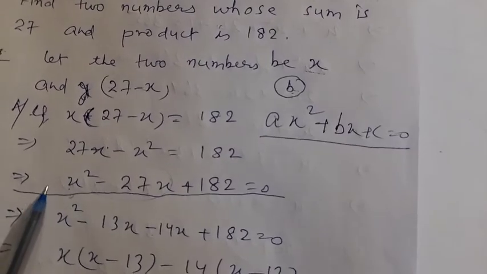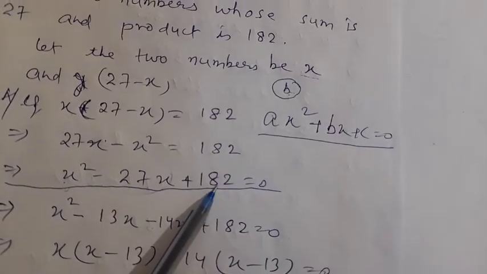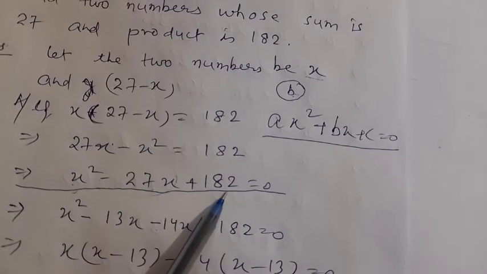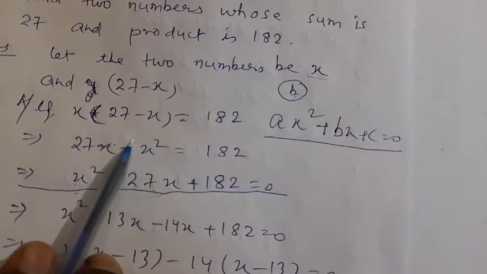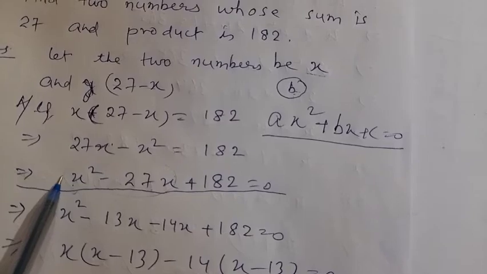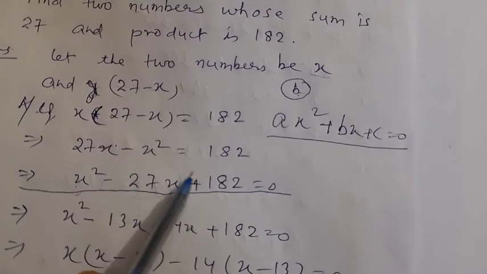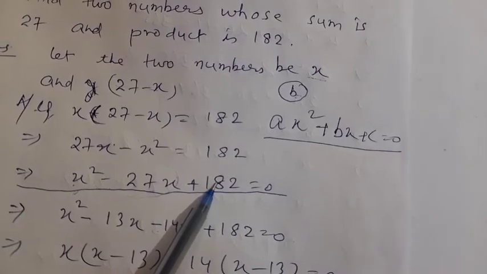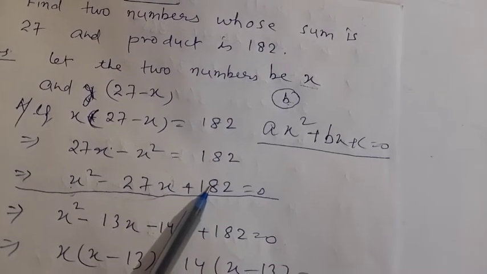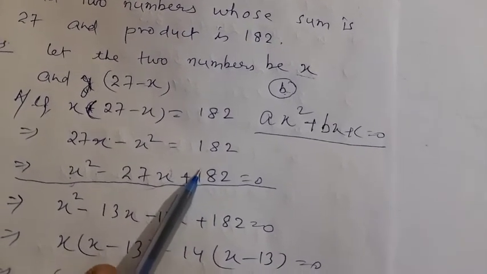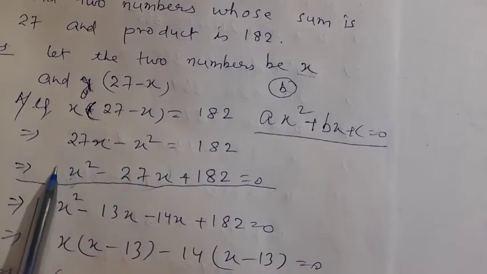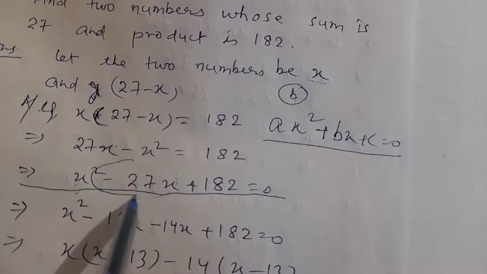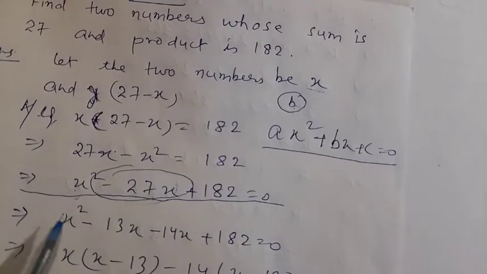We multiply the first term and the last term, and with that product, we factorize the numeral coefficient to find two numbers that when simplified become equal to the second term, and when multiplied become 182.